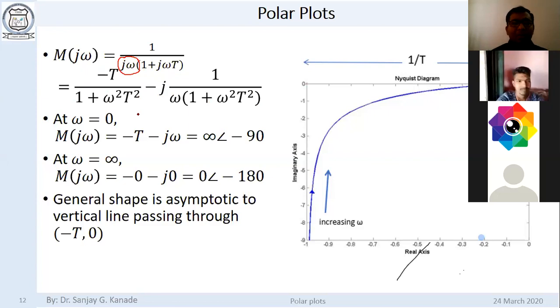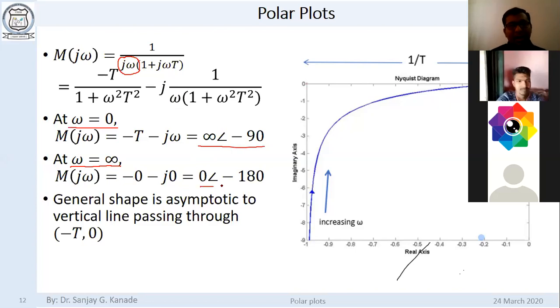As I said, we are not really interested in every value of the curve. What we are more interested in are the values at the terminal points, omega equal to 0 and omega equal to infinity. So if you substitute omega equal to 0 here, we get minus T minus j omega, and the magnitude is infinity and the angle is minus 90. At omega equal to infinity, what do we get?